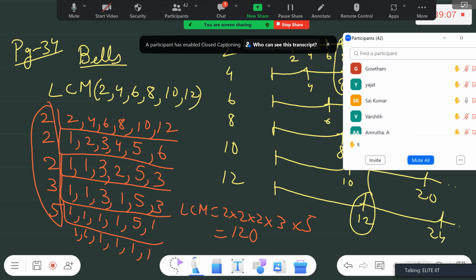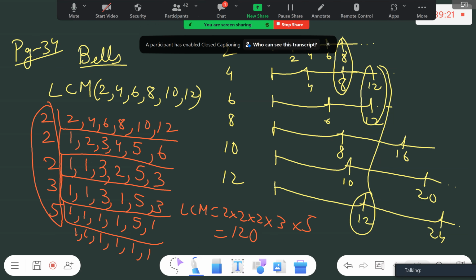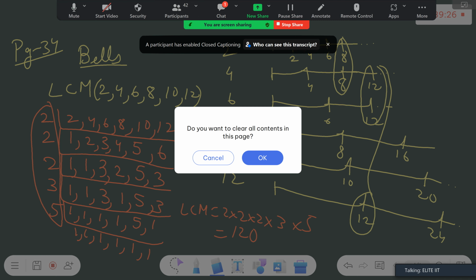Okay, you want to do that using prime factorization or division method? Prime factorization. Okay, let's see. I'm erasing the board.